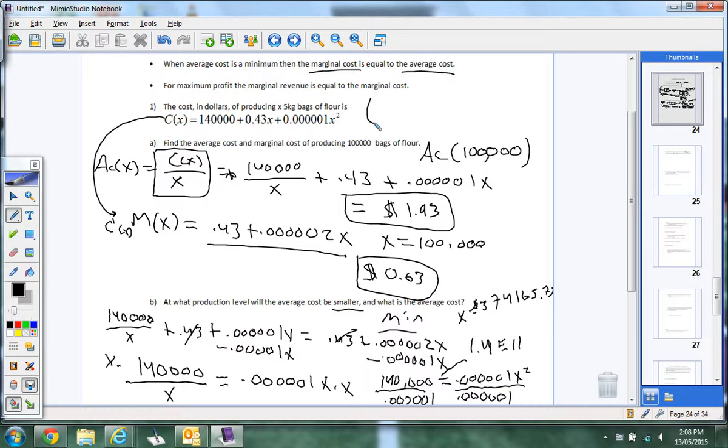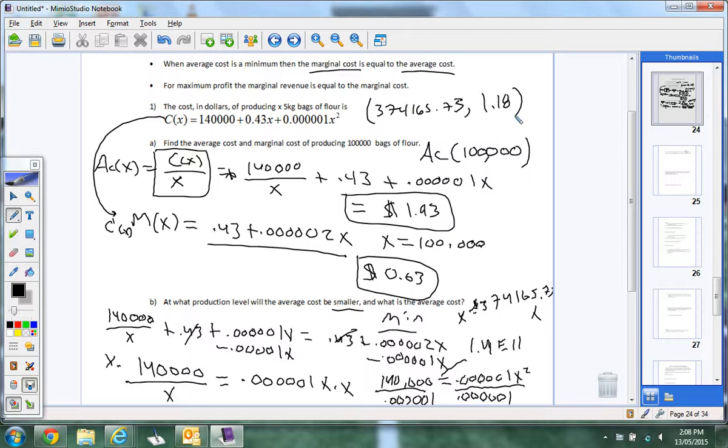We just figured out that's the X value, 374,165.73, and the Y value of the output is $1.18. So that means $1.18 is the minimum cost that we can have for our flour bags, and it's at this production level.